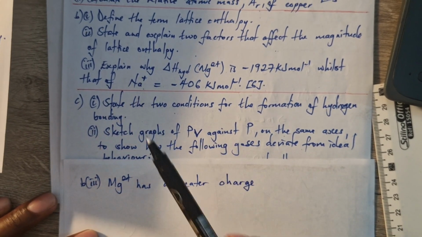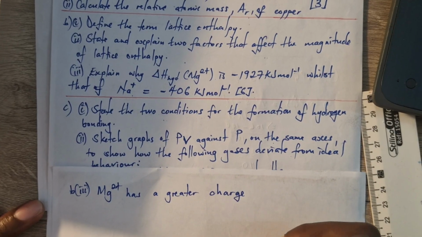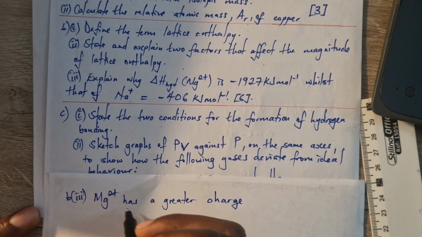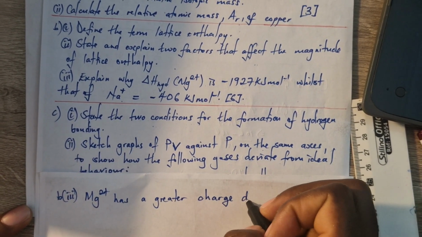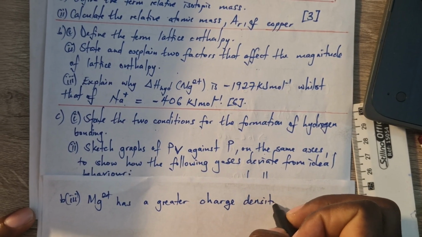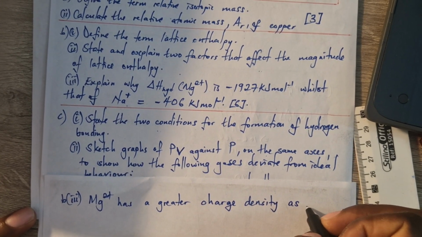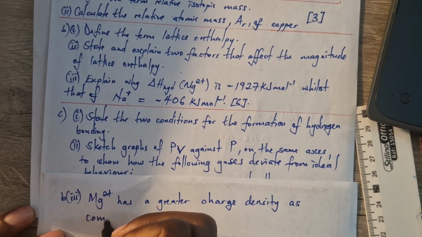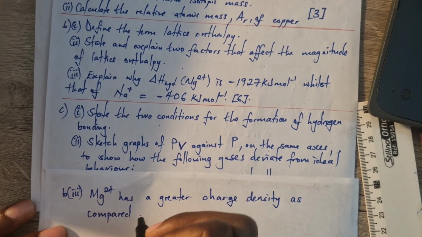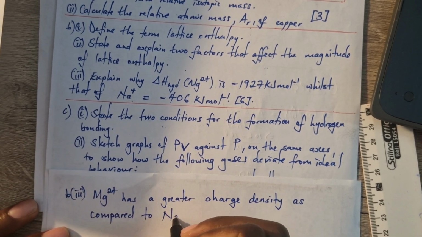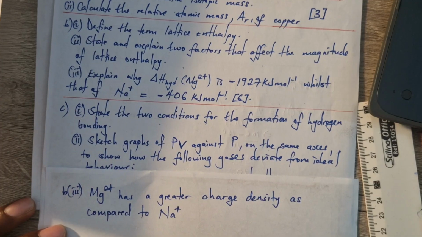This is greater than 1 plus for sodium ion. So magnesium 2 plus ion has a greater charge density as compared to sodium ion.